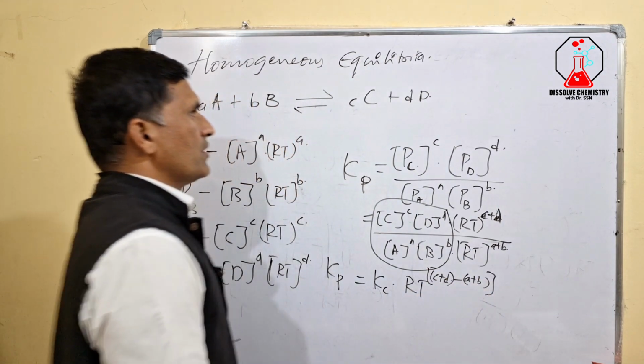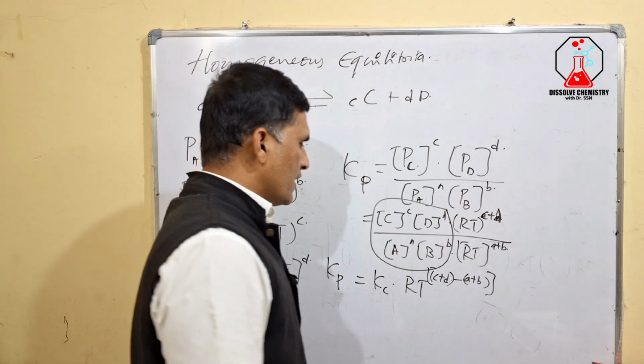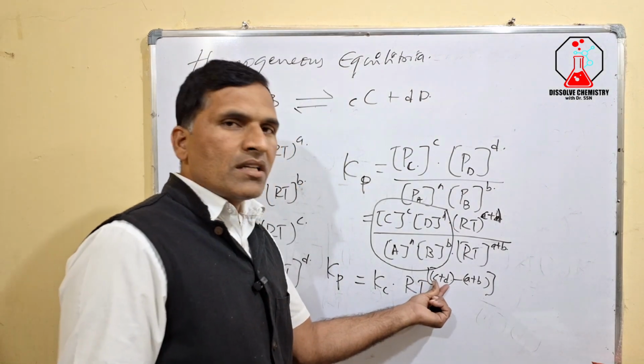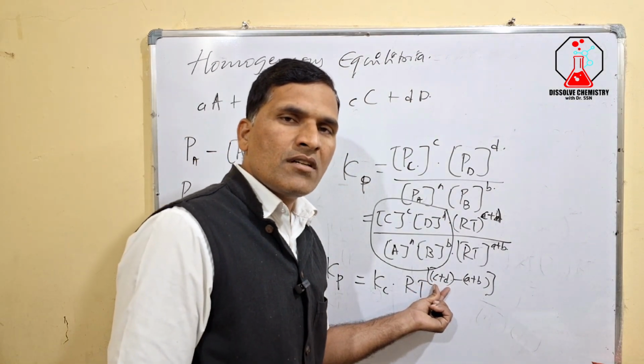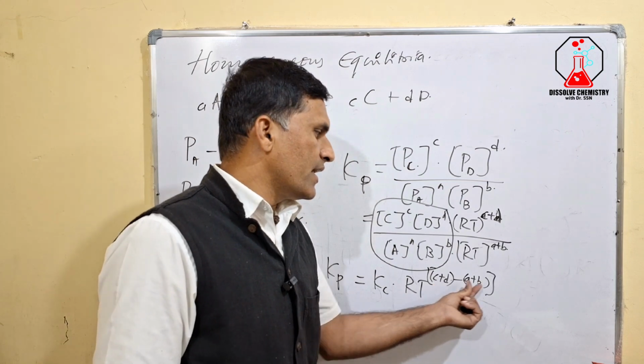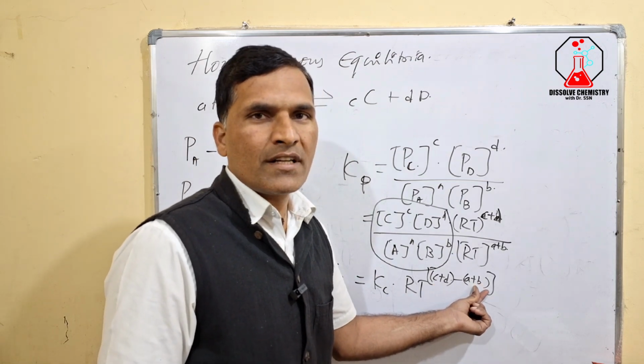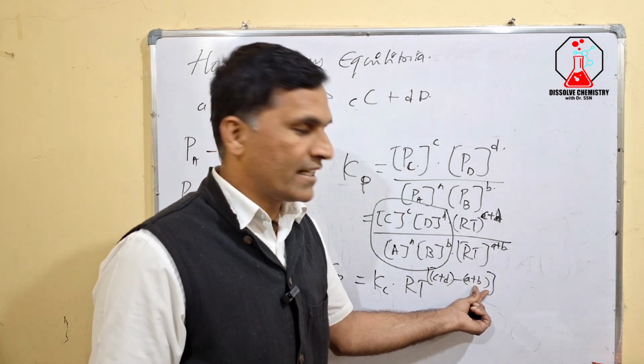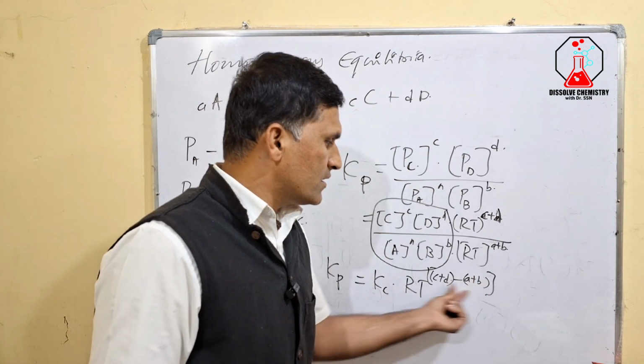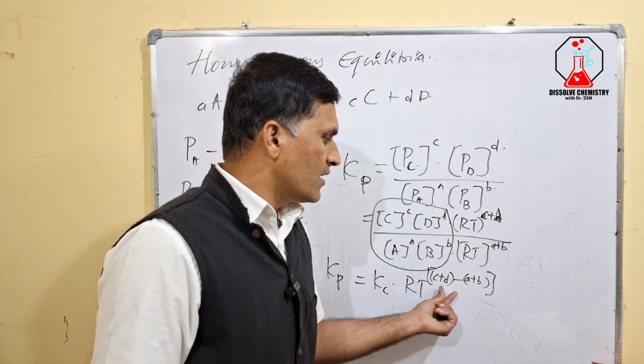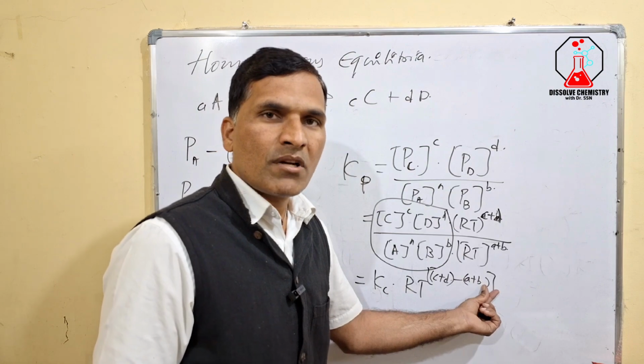So this is how we are going to write. And then, this C plus D is what? Number of moles of products, and A plus B is the sum of number of moles of reactants. So therefore, we will replace this with the difference in number of moles of products and number of moles of reactants.